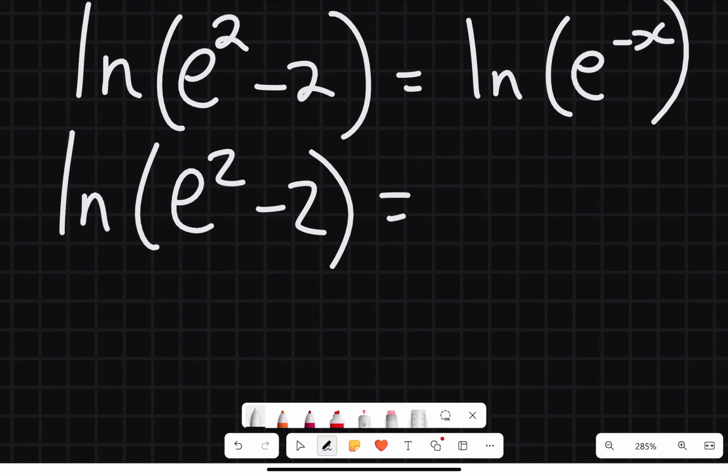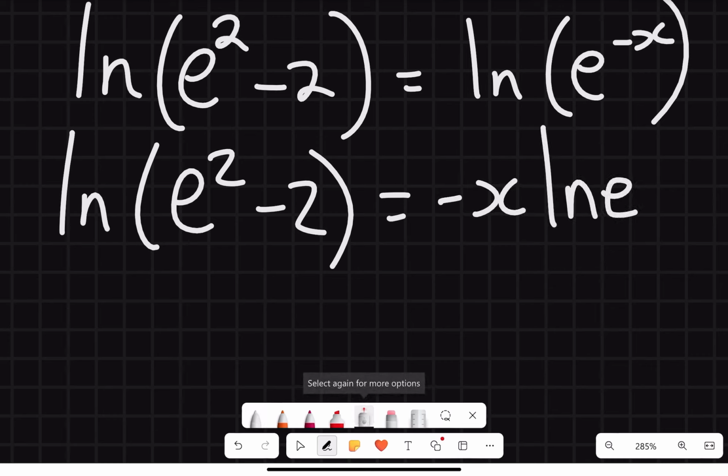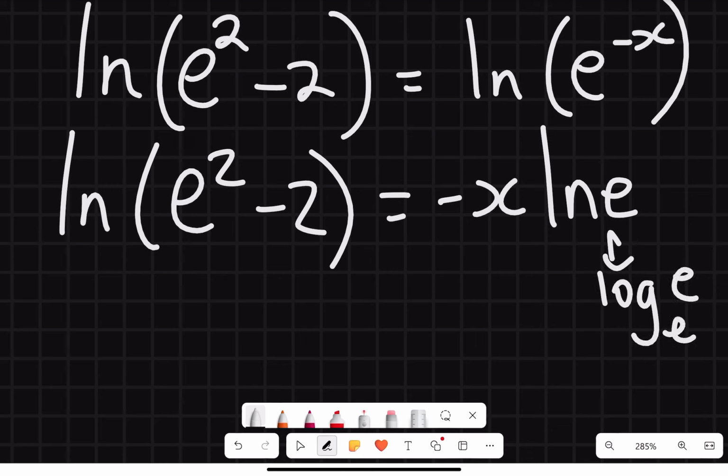is the same as, remember, according to the laws of logs, the exponent can become a coefficient. So I'm going to have -x, which was my exponent, times ln e. And ln e, according to the definitions of logs, is basically 1, because ln e can be written as log base e of e.